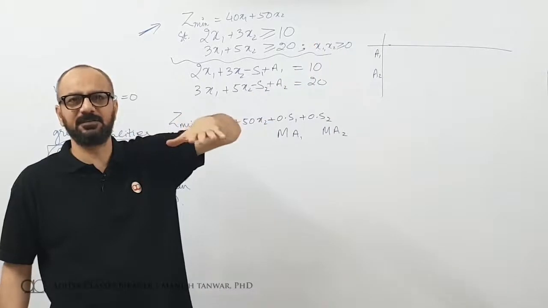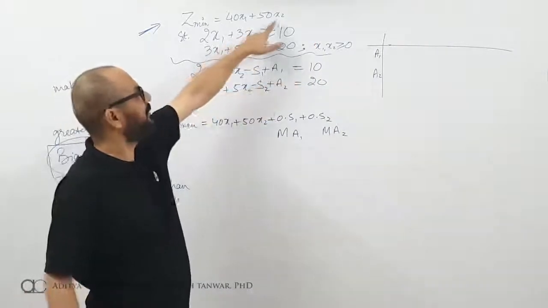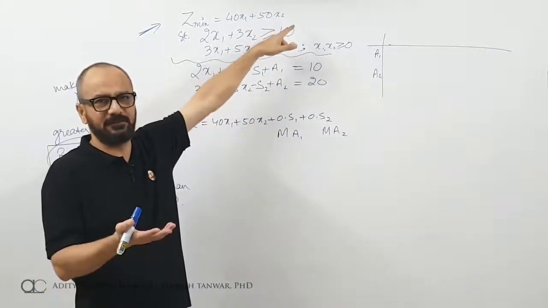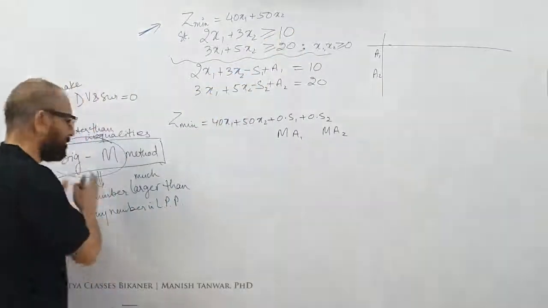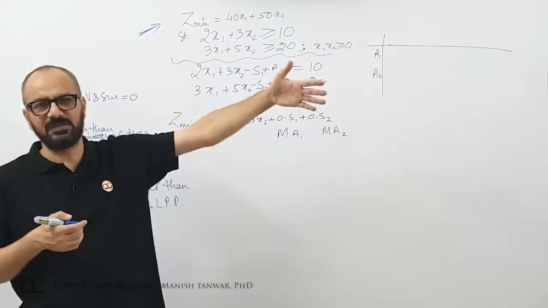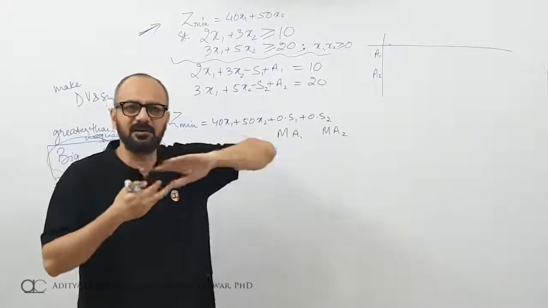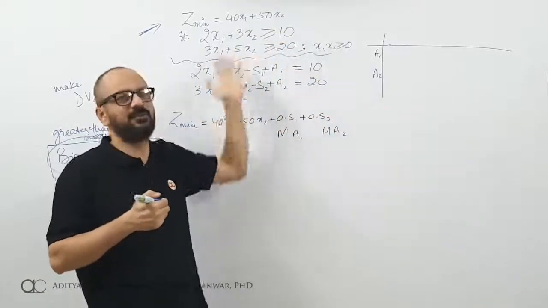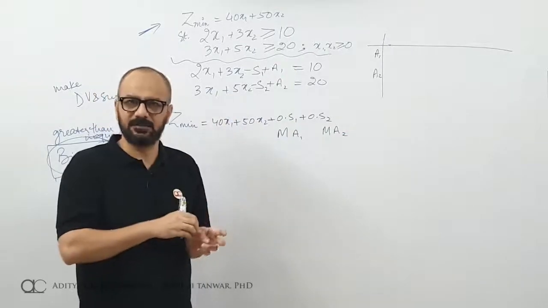It will not be a 50 or a 70 or an 80, because 70, 80, 100, these are also greater than 50. If I take M as 100, it is greater than 50, but it is not much larger. Much larger means that it is clearly very big as compared to any of these numbers. Let us take it 10,000.